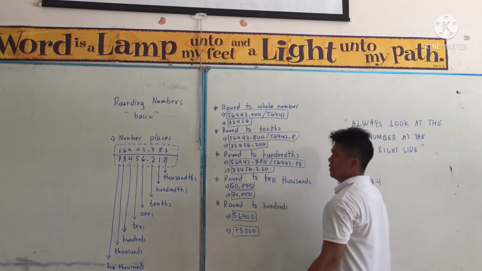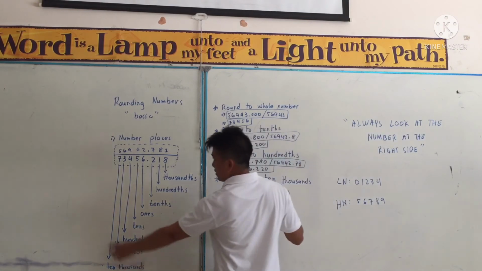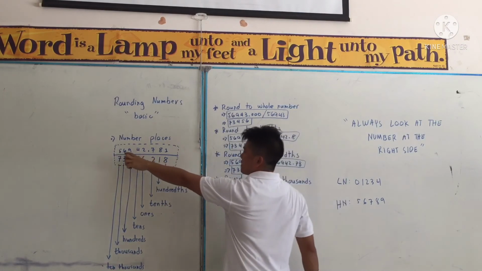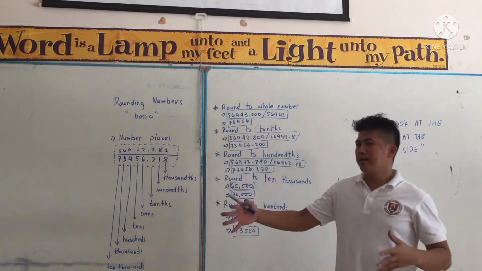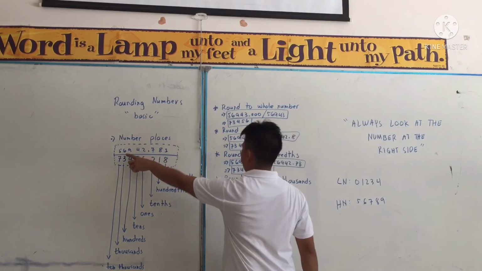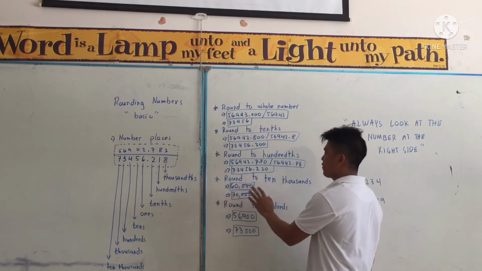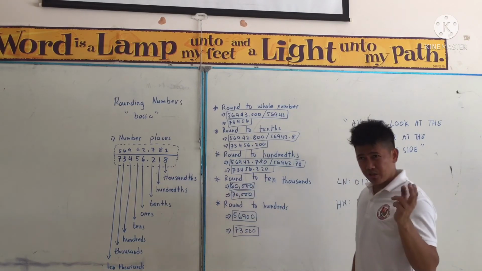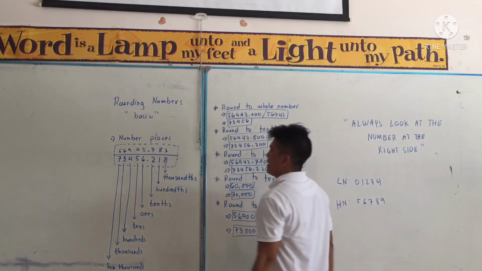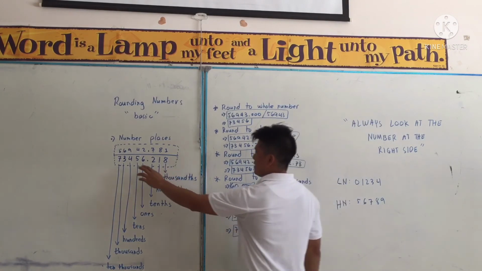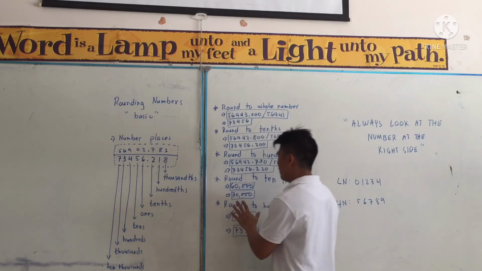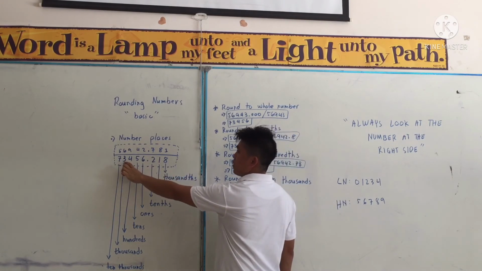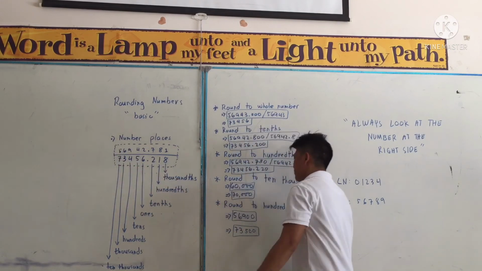Now the ten thousands. For the first example, 5 and 6: since 6, the number at the right, is higher, you add 1 to 5, making it 60,000. You can write 60,000 only, or you can also write 60,000.0000. The second example becomes 70,000, because the number at the right side of 7 is 3, which belongs to the lower number.